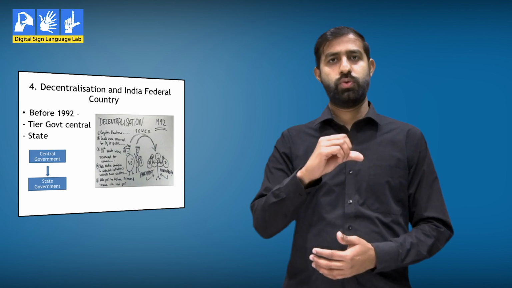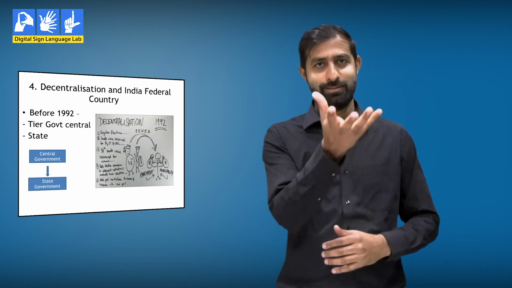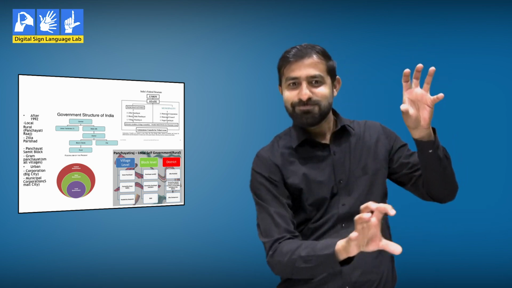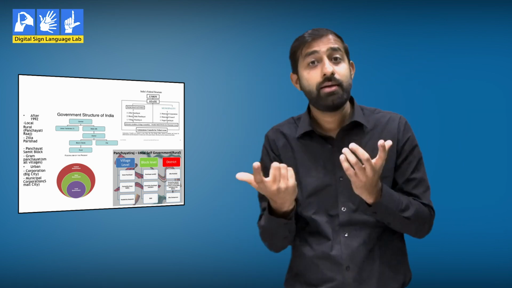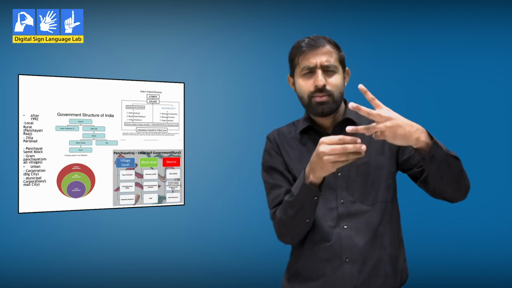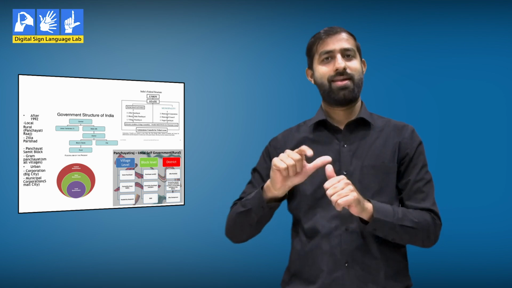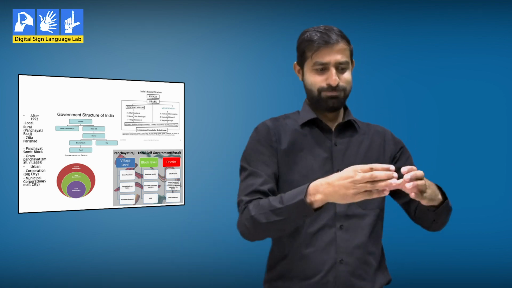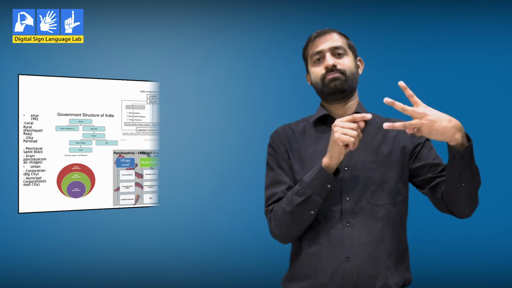Before 1992, we had the central and the state government, a two-tier system. Later on, after 1992, we had an added subdivision under which we had a localized government, further divided for panchayat and municipality.